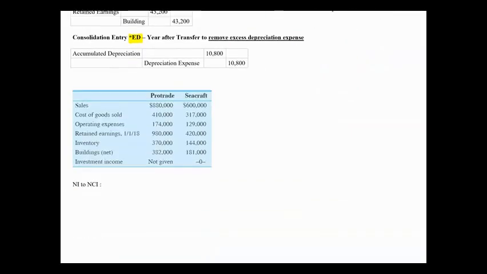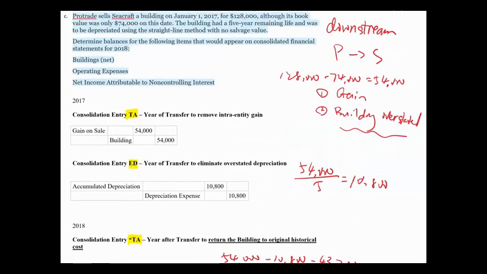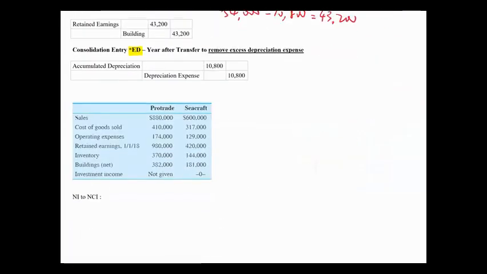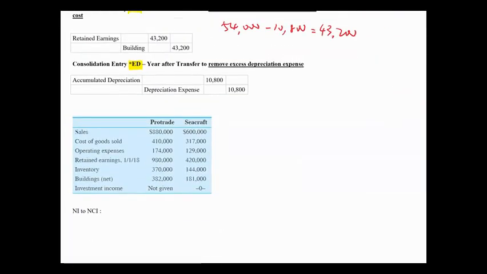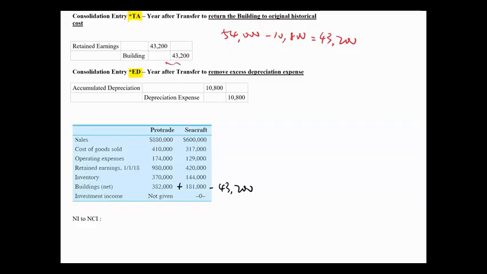All right, so then let's move on to solve the question. This question is asking for the consolidated balance for buildings, operating expense, and net income to non-controlling interest. First, let's see what the consolidated total for buildings is. Buildings should equal its current book value amount, minus the overstated $43,200, because that's the second year. This is a new amount we need to take care of.